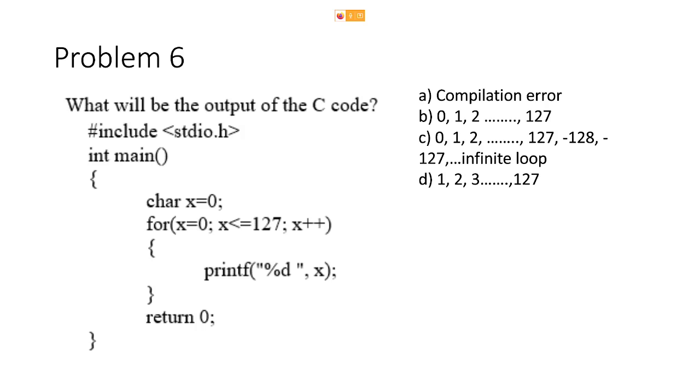You add 1 to it on every iteration till x becomes 127. Now what will happen when it is 127 and you add 1 to it? It overflows, and it becomes a negative number, which is minus 128.